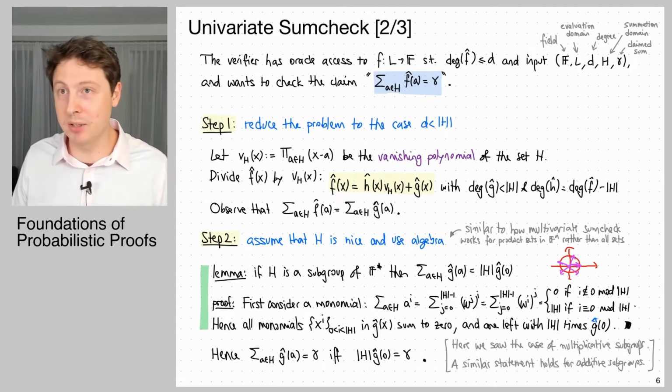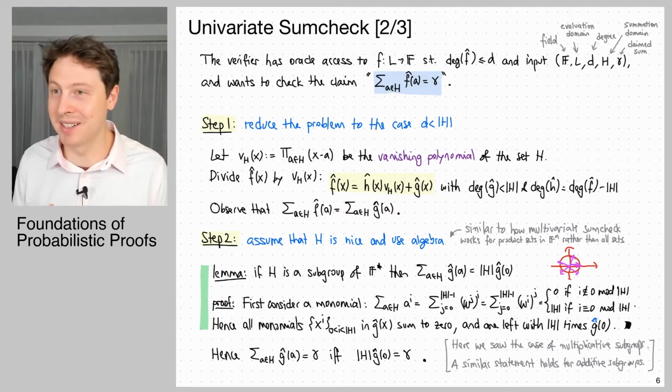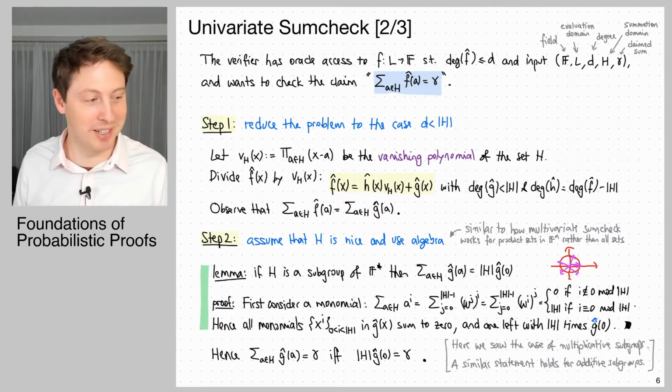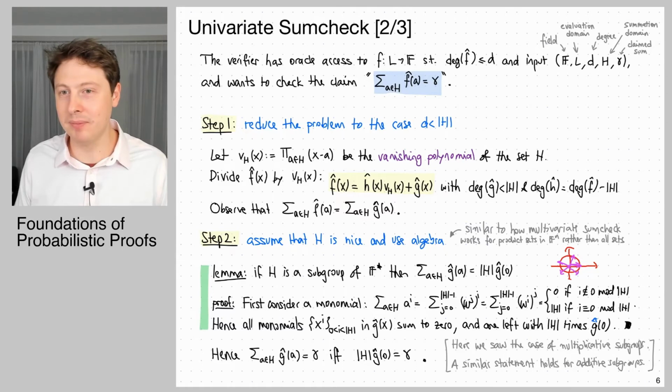Questions about this slide? Because we're about to build a protocol for univariate sumcheck, and it's important that if something is not clear here, you bring it up now. Don't be shy. Okay, so nobody speaks. It means everything is clear.